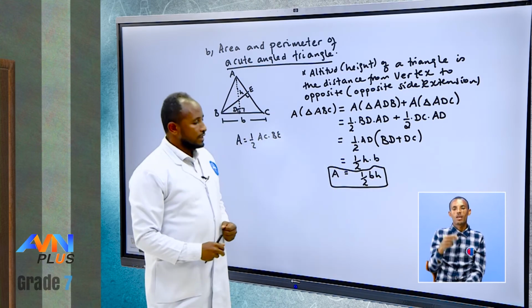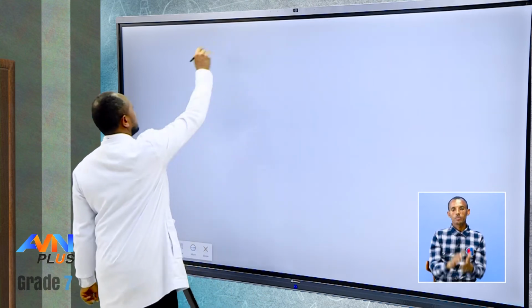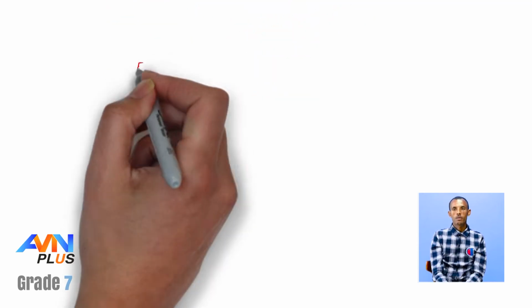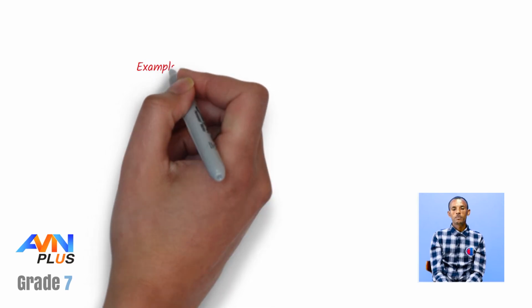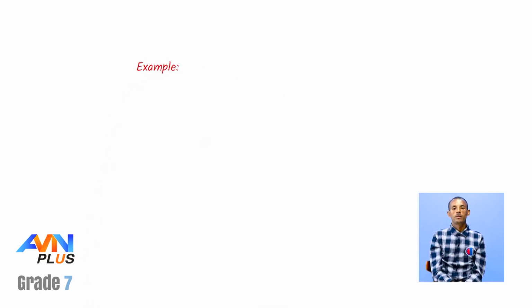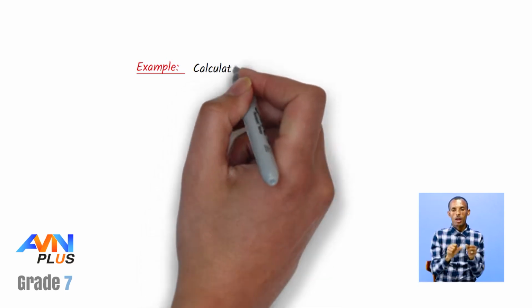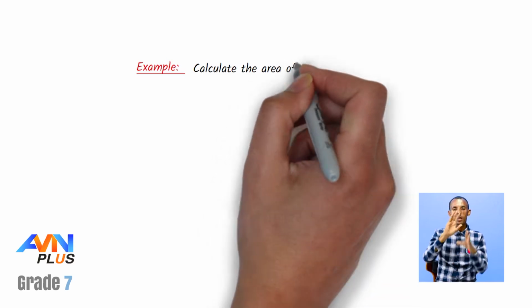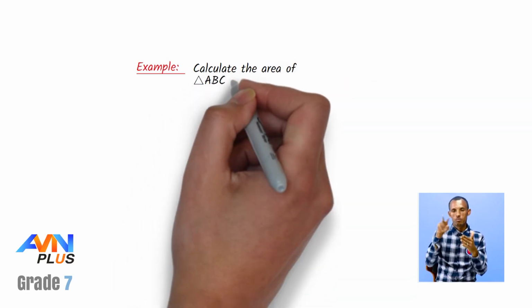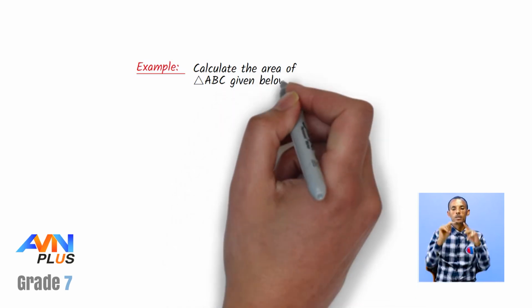So I will give you an example for this one. Example: calculate the area of triangle ABC given below. Triangle ABC is given here.